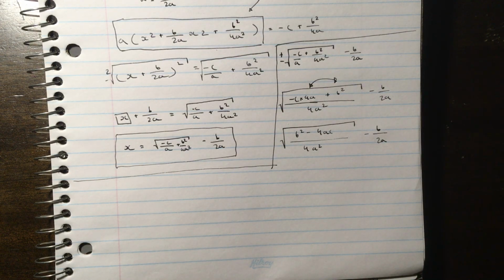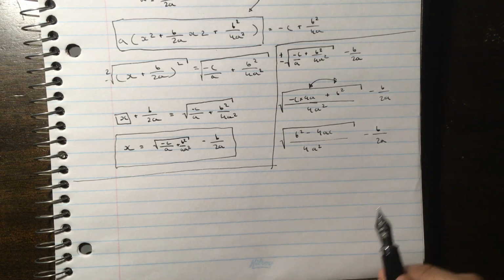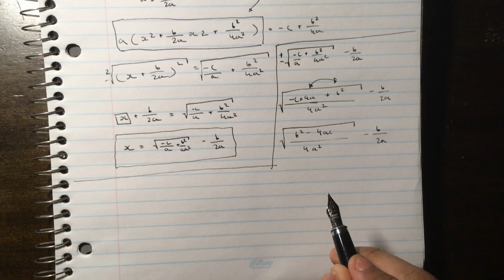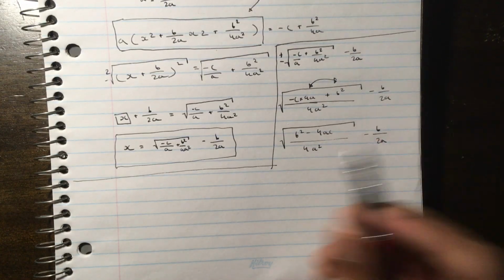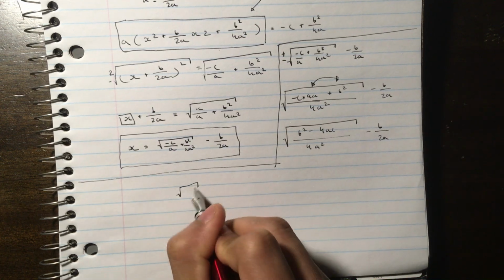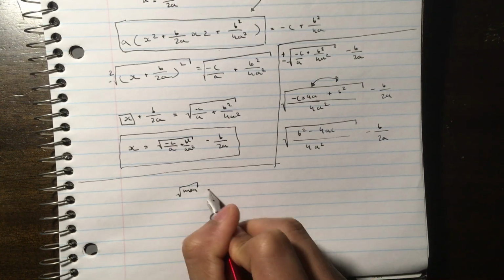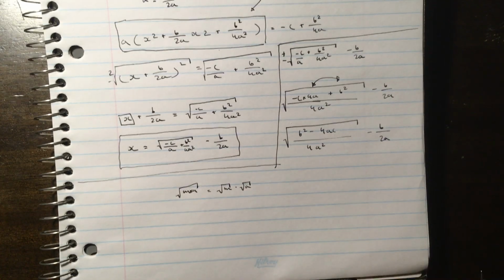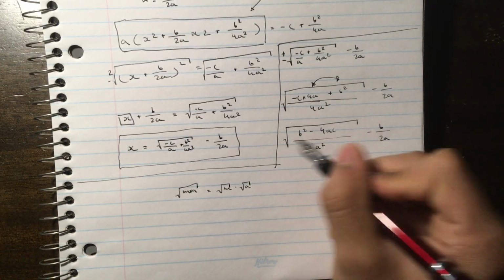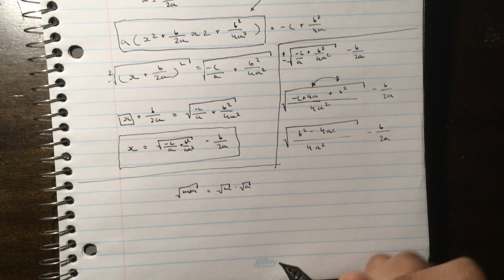Well, what else we can do is, if we look down here, when you take the square root of two numbers when they're multiplied, it's going to be equal to the product of the square roots. So let's do it right here. Square root of m times a is equal to the square root of m times the square root of a, as you guys know. So we'll take the square root of the top and take the square root of the bottom.